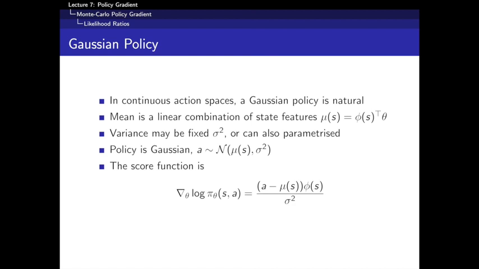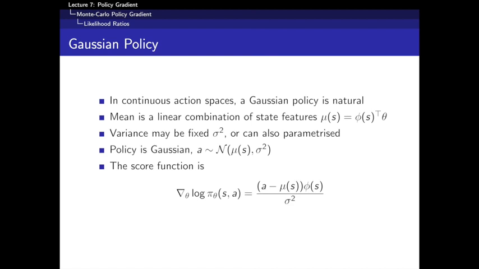So we want to know: take the action we actually took minus the mean. That tells us how much more than usual we're doing a particular action, multiplied by the feature, and then we scale that by the variance. So in both of these cases, the score function takes this form of how much more than usual am I doing something. And that's quite intuitive when we start to look at these policy gradient updates.